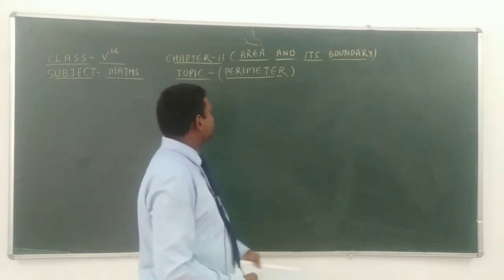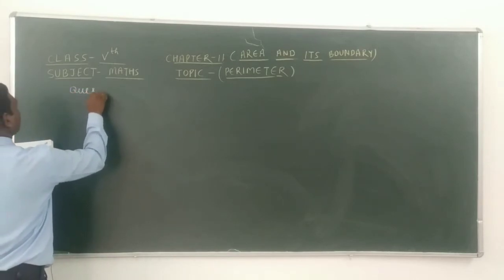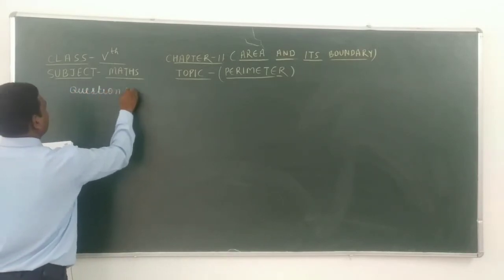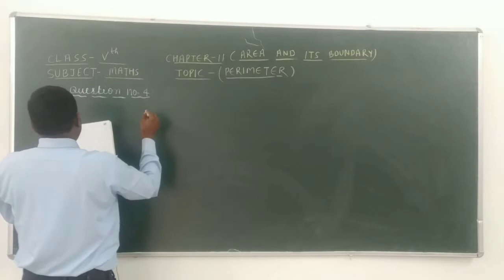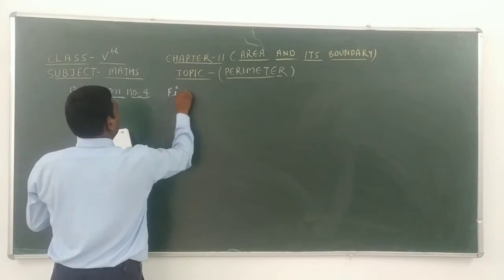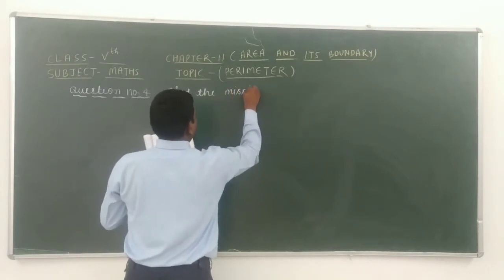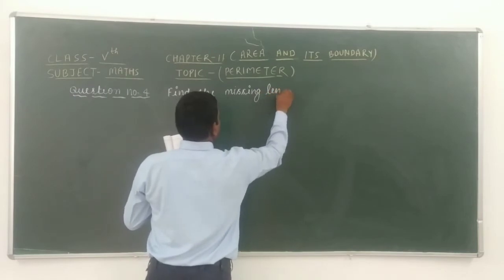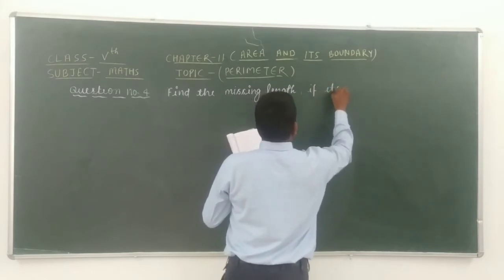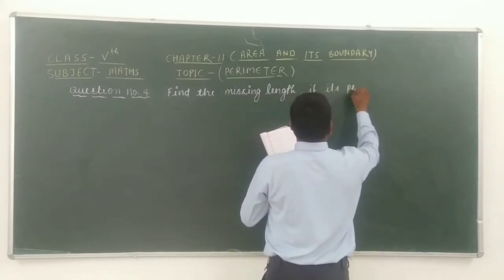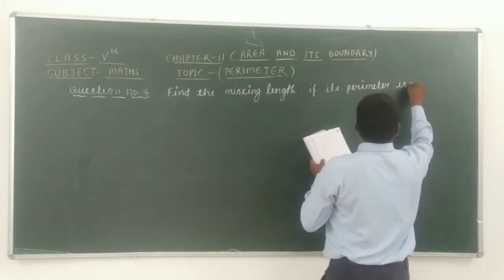Question number 4 is: find the missing length if its perimeter is given.